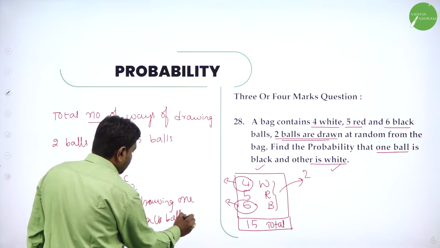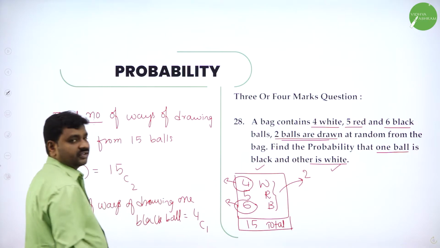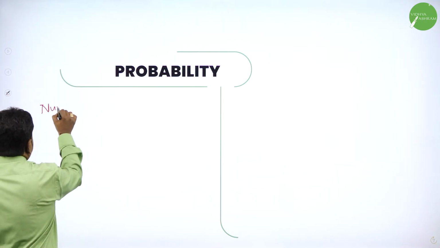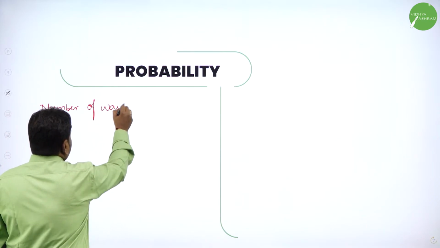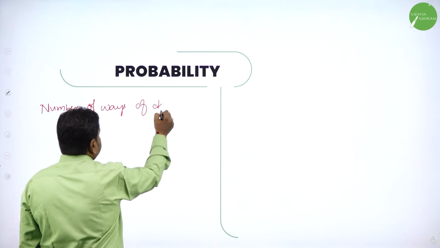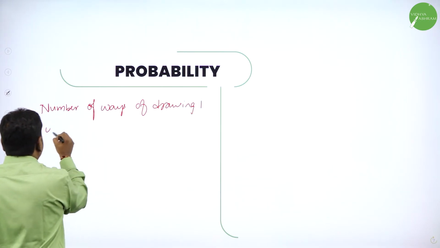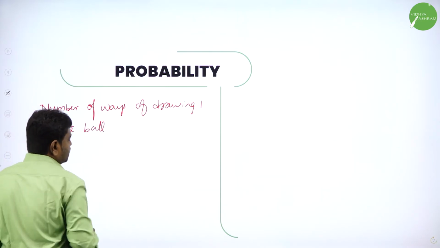How many ways can you draw 1 black ball? 1 black ball can be drawn in 4C1 ways. Similarly, the number of ways of drawing 1 white ball. How many white balls are there?